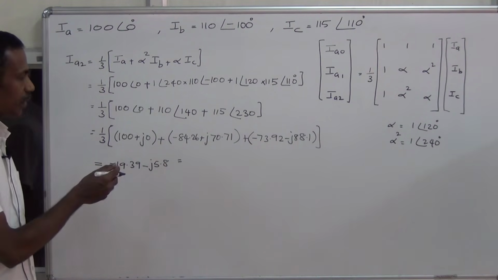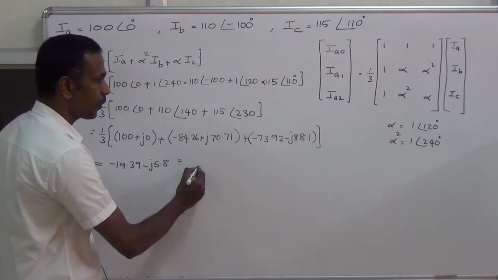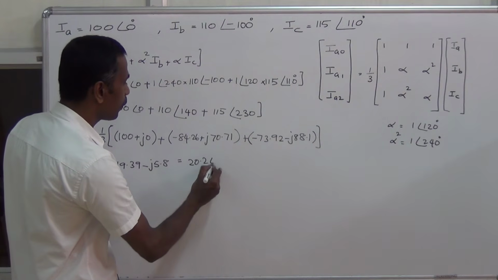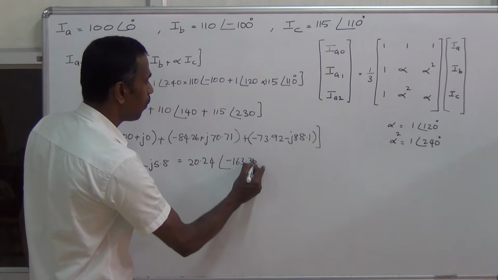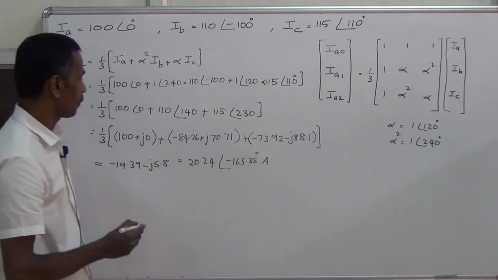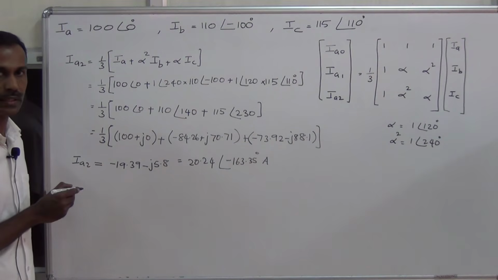The final answer of this current should be written in the polar form. This is equal to 20.24 angle minus 163.35 degrees. This is our A phase negative sequence current.